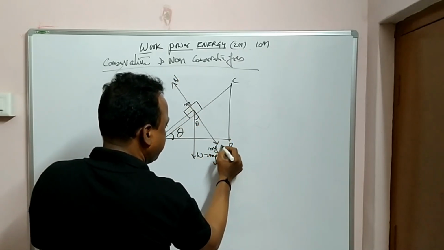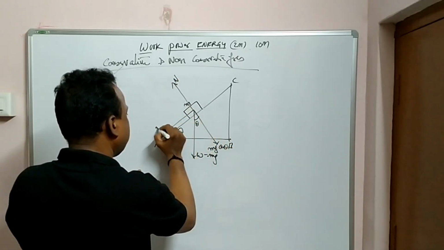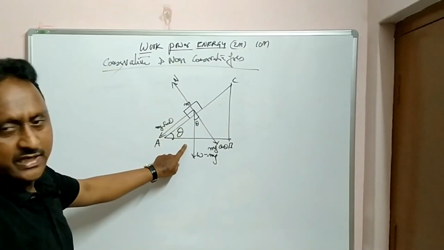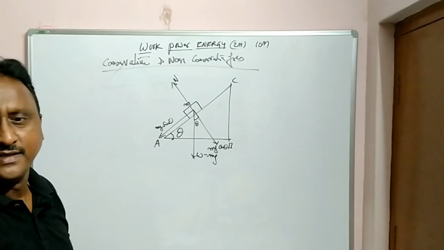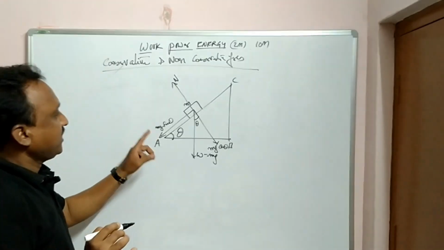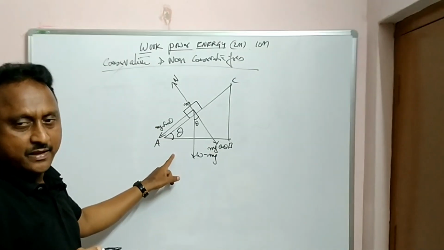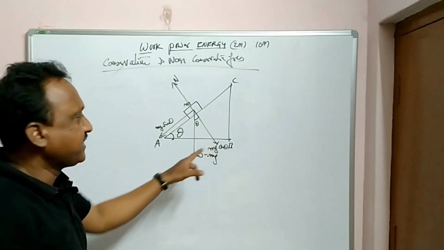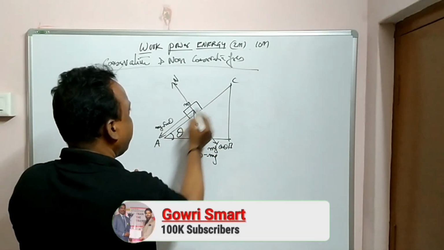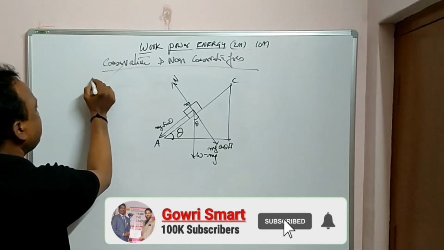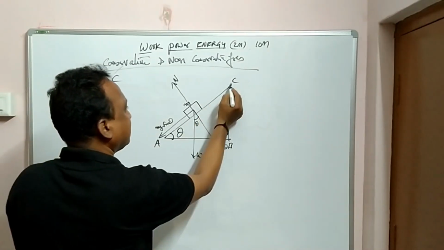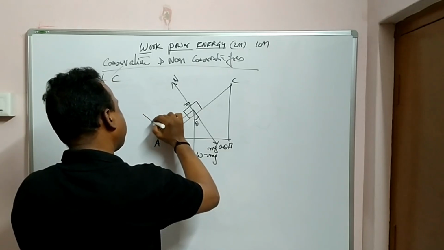This is component mg cos theta and this is mg sin theta. Now this block is resting on the inclined plane which is making an angle theta. Suppose, conservative force means it depends on initial and final point, not on the path. It depends upon initial point. That is, I have to go from A to C. So I can go like this, A to C. Let this displacement be some s.